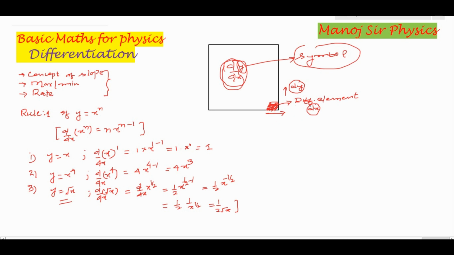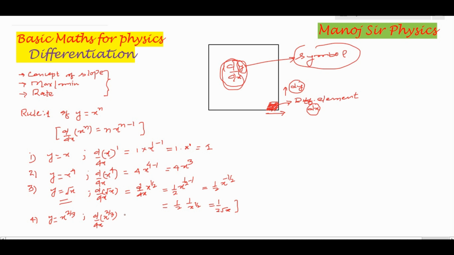Similarly, one more example I'm going to discuss here. Fourth example, if y is equal to x raised to power 2 by 3, then it will be d by dx of x raised to power 2 by 3.